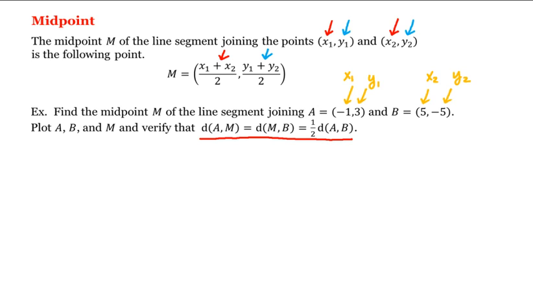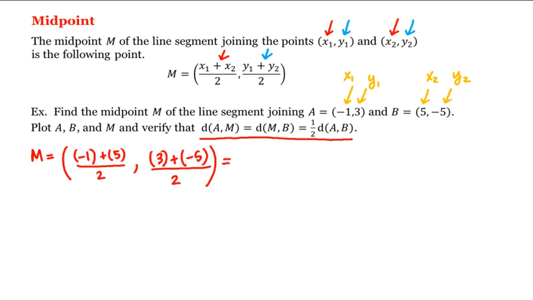And so by our formula here, M is equal to x1 plus x2, which is -1 plus 5, divided by 2, and y1 plus y2, or 3 plus -5, divided by 2. -1 plus 5 is 4, and 4 divided by 2 is 2, and 3 minus 5 is -2, divided by 2 is -1. So our midpoint is located at (2, -1).